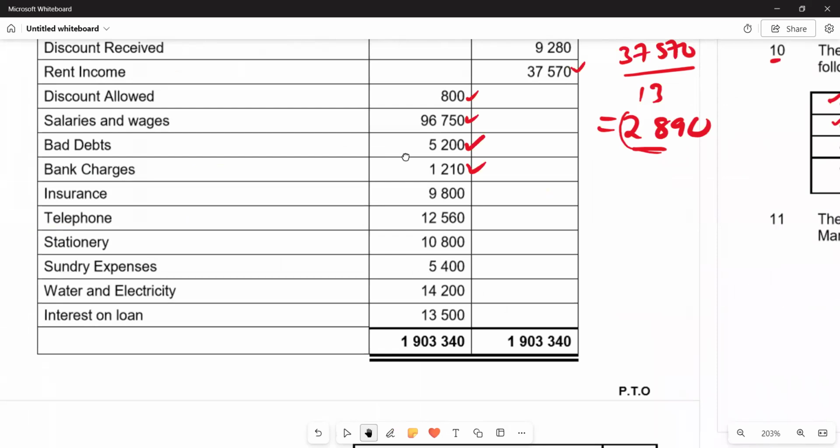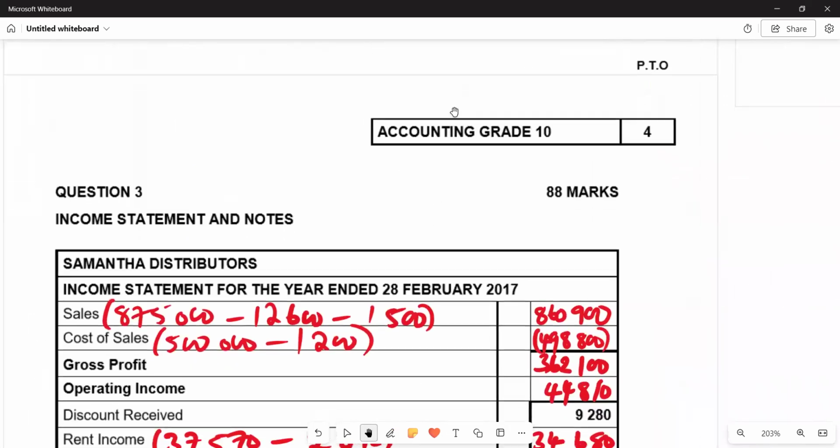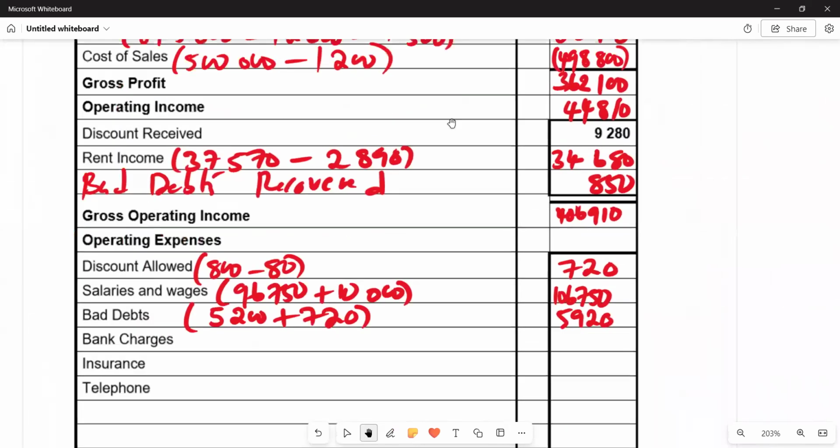So you go to the answer section. We are saying bank charges 1,210, and then we are going to add your 240. 1,400, 1,450. For bank charges, we get 1,450. And then we go to insurance.